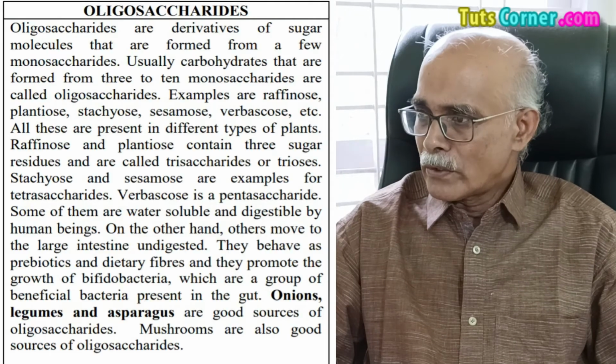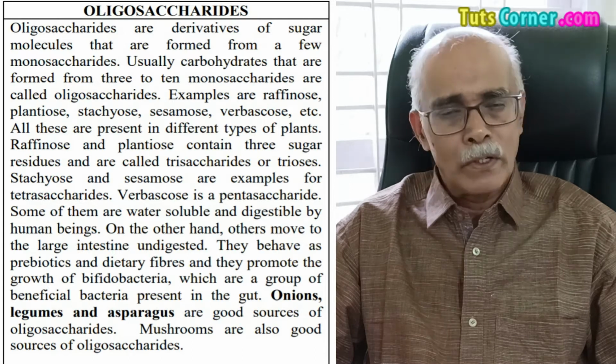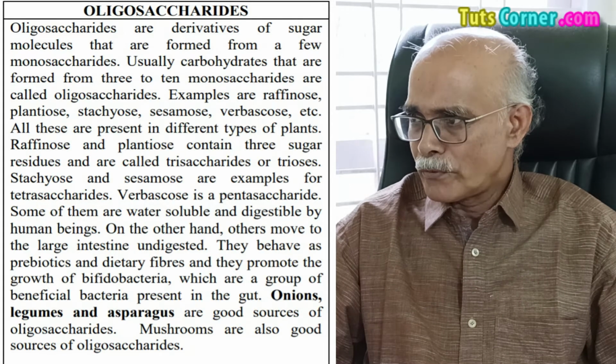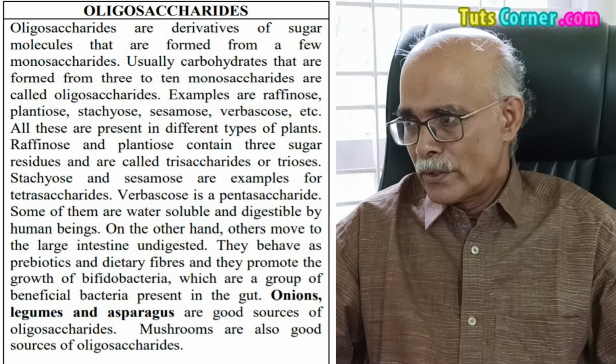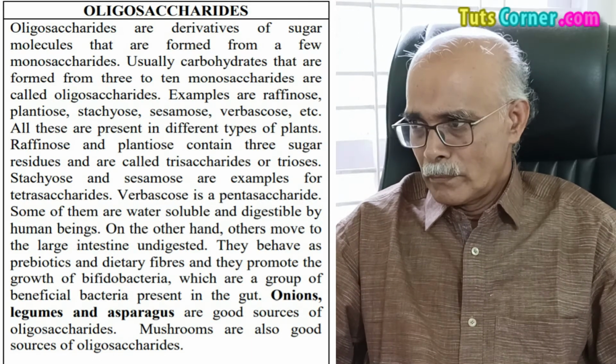And the next group of carbohydrates based on their structural complexity are oligosaccharides. Oligosaccharides are derivatives of sugar molecules that are formed from a few monosaccharides. You can say more than 2.